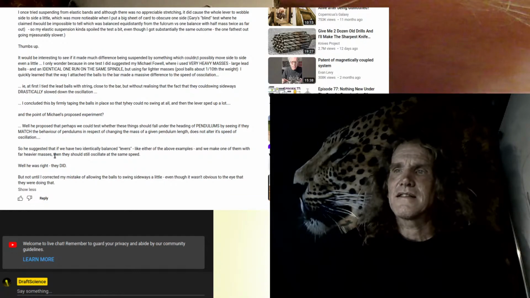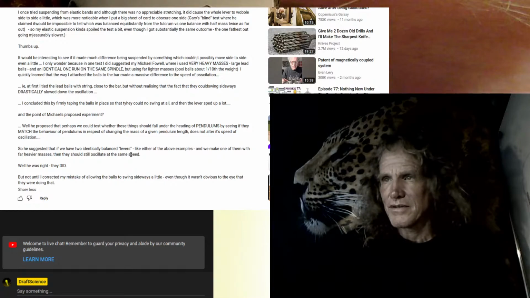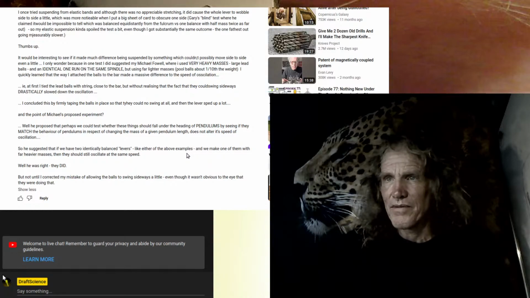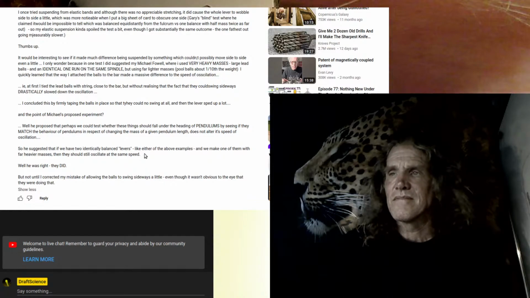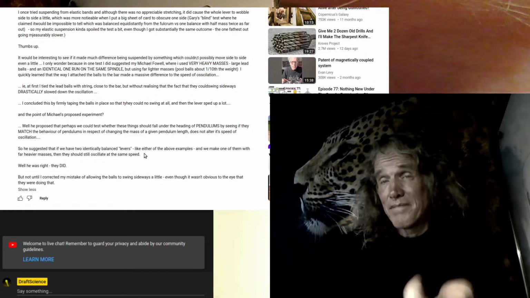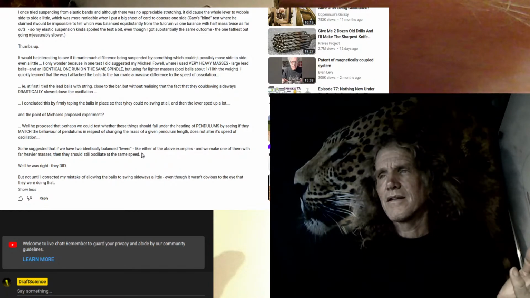So he suggested that if we have two identically balanced levers, like either of the above examples, and made one of them with far heavier masses, then they still oscillate at the same speed. All right, so that's a question I got. I've messed this up before, right? Newton figured out all this stuff.